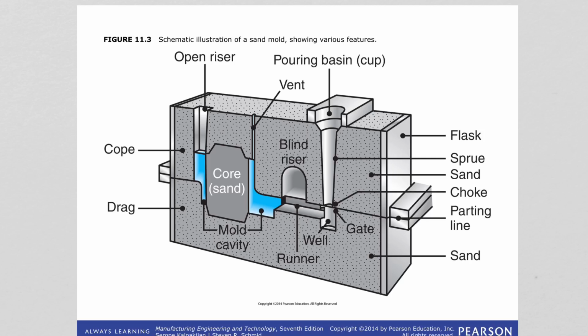What is the name of that feature we are using in sand casting? All right, the flask here. Flask is to support the mold itself.